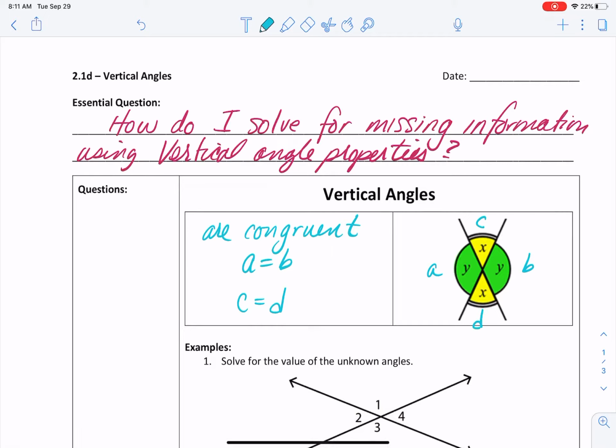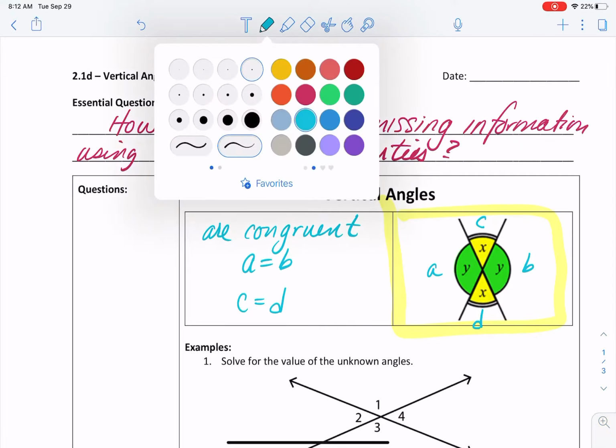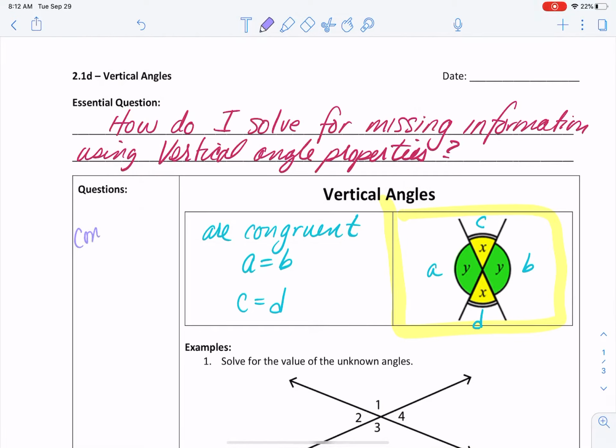When you look at the picture on this side, you can see that A is equal to B and C is equal to D. Congruent angles have the same measure. So that's what it means when it says congruent.